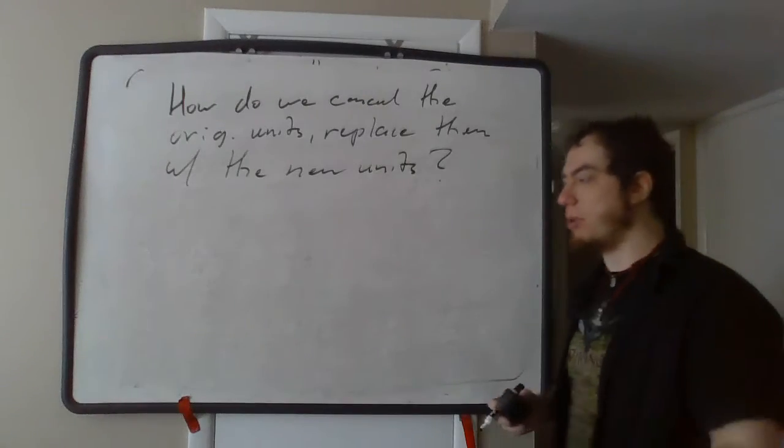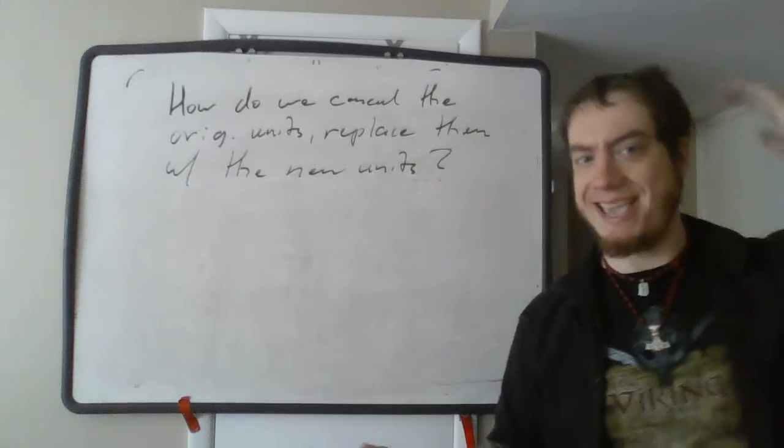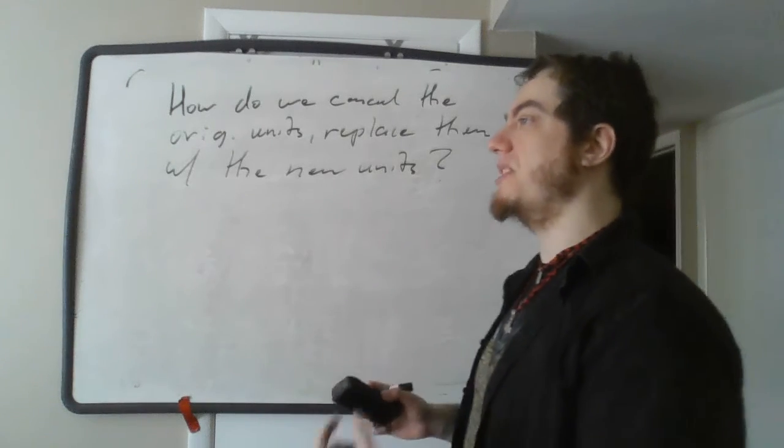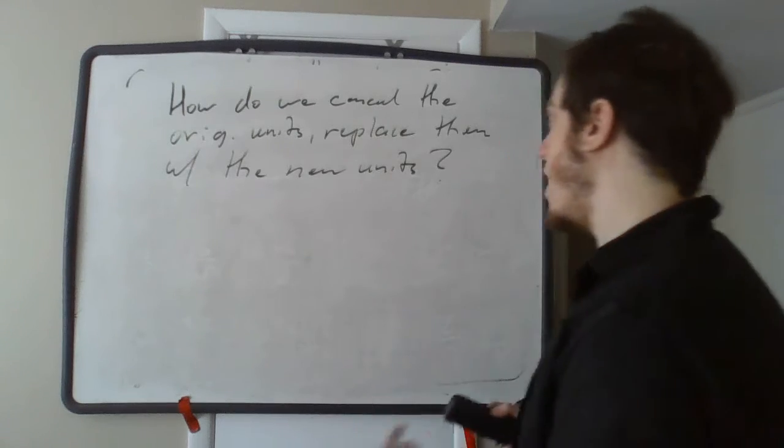So in the last example, we didn't want to have pounds, we wanted ounces. We wanted to cancel out pounds and end up with ounces. We also wanted to cancel out the square inches in the denominator and get square feet in the denominator.